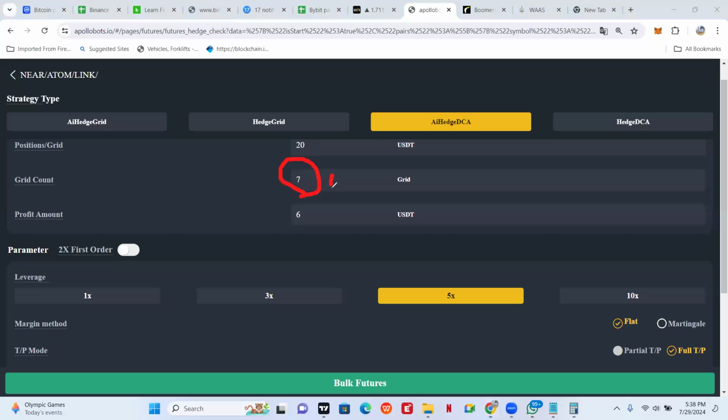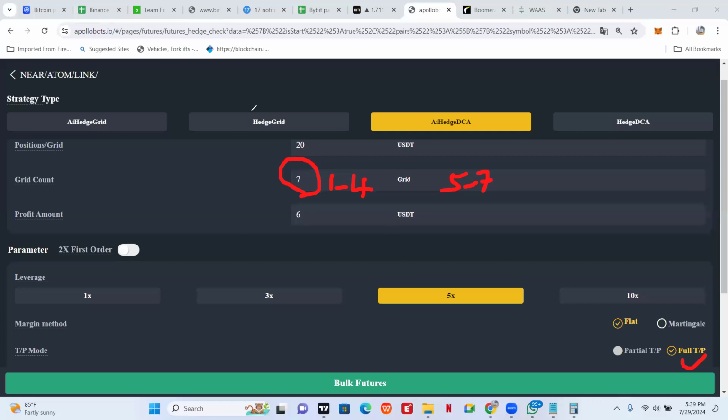Okay, so number 1 to 4 is going on full TP, while 5 to 7 is fully protected by the partial profit. All right, so that's why the AI Hedge DCA is something you can, it's a plug and play. You can turn it on and go to bed. Okay, so that's why I recommend the AI DCA and also the Hedge DCA. Of course, I'm going to come to that.